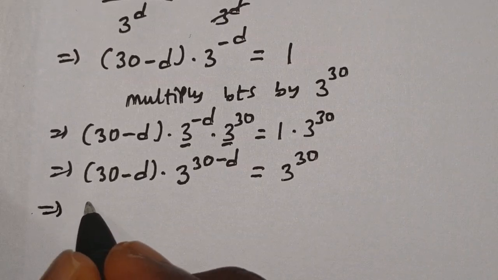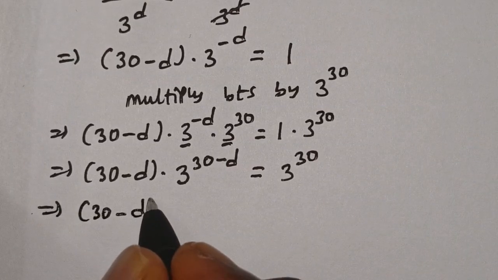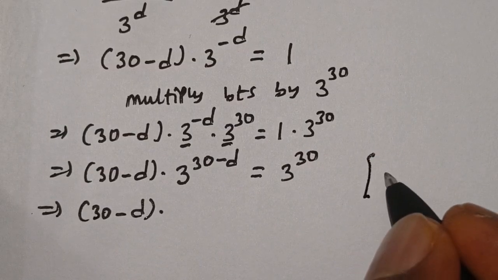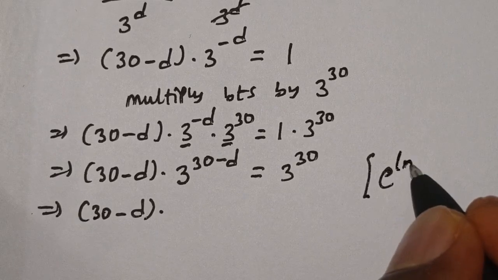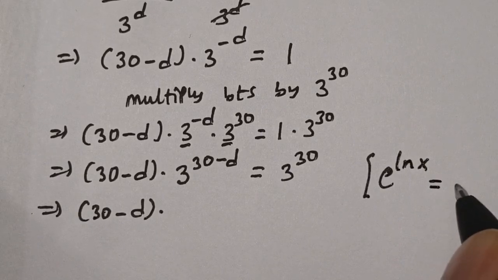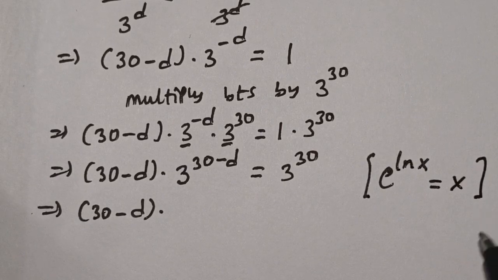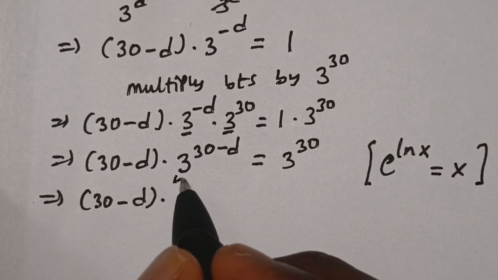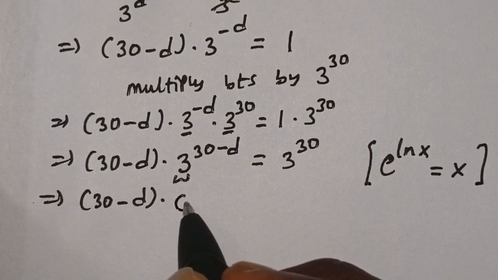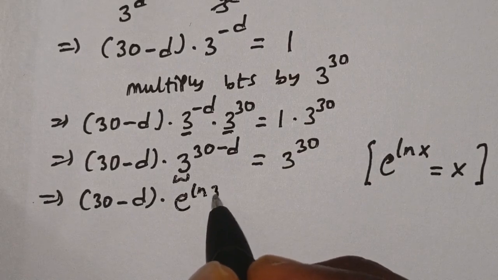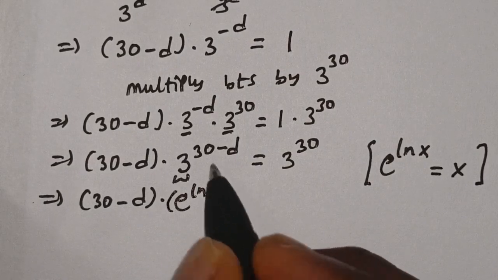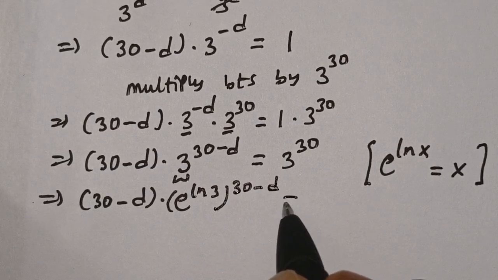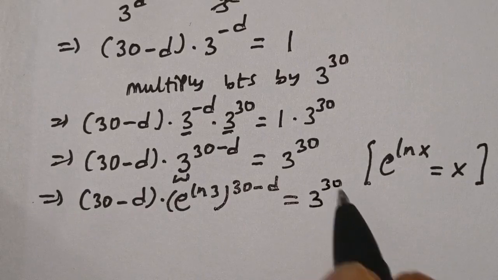This implies that 30 minus d times, recall that, let's say we have e to the power of ln x. This is equal to x. If we apply this identity to 3, we have e to the power of ln 3 times the power 30 minus d equal to 3 to the power of 30.